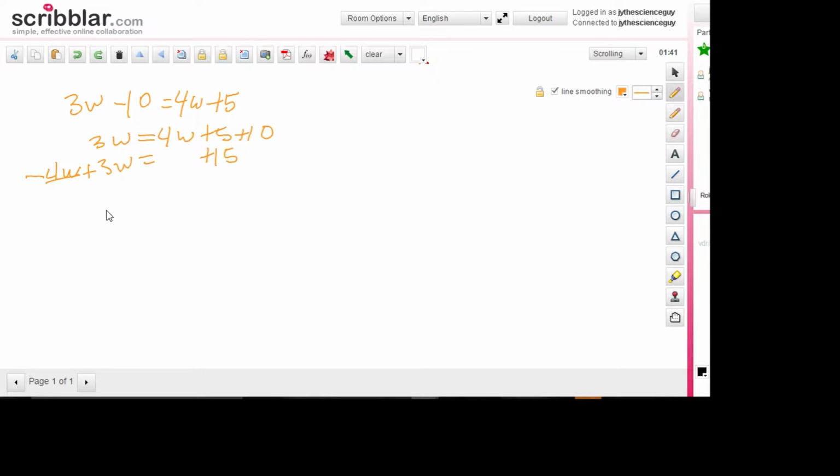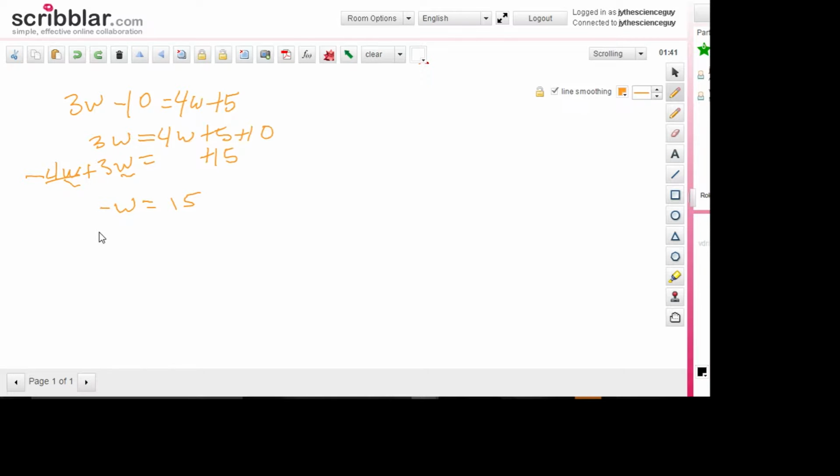Okay. So now, because this W and that W are the exact same kind of W, I just combine them together using the front numbers. So what is 3 minus 4? 1. Or negative 1. So this would make this negative W equals 15. Okay?